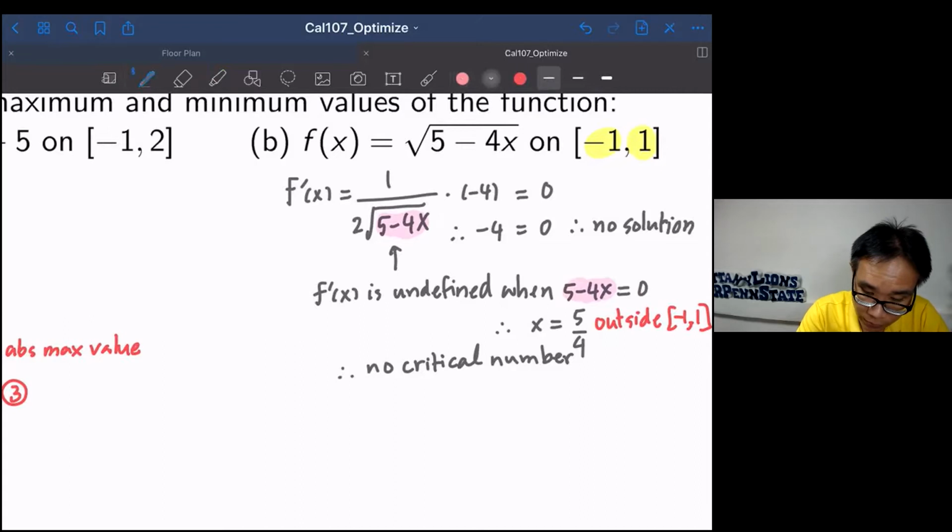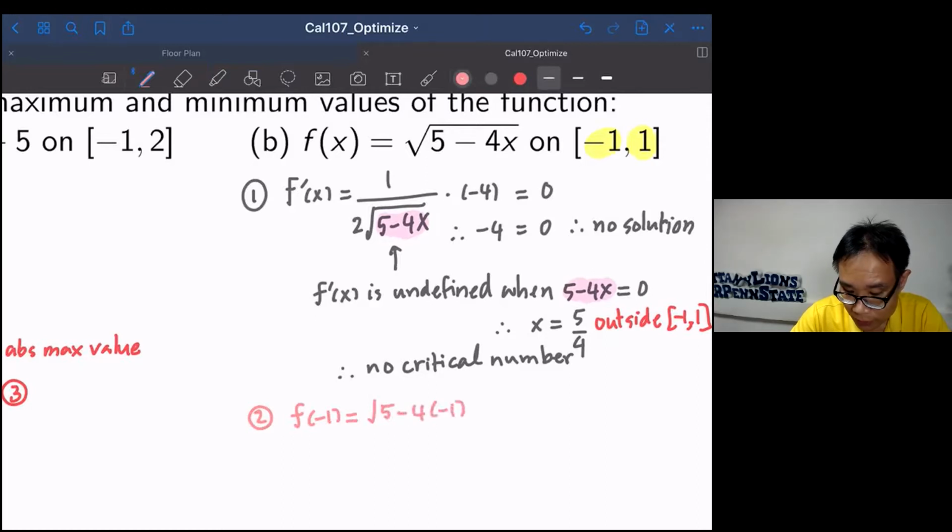Okay, so this is the first step, and the second step is here. You compare f of negative 1, which equals the square root of 5 minus 4 times negative 1, so root 9, equal to 3.